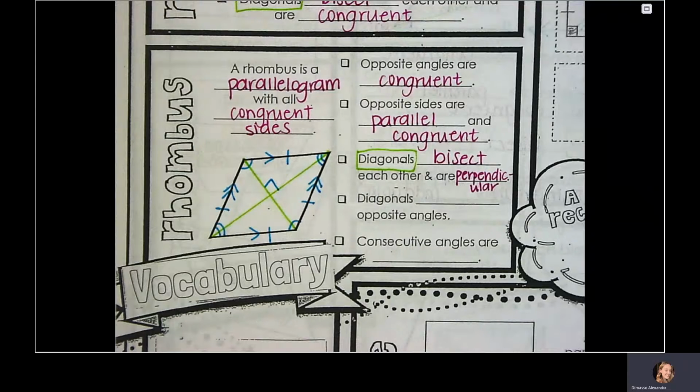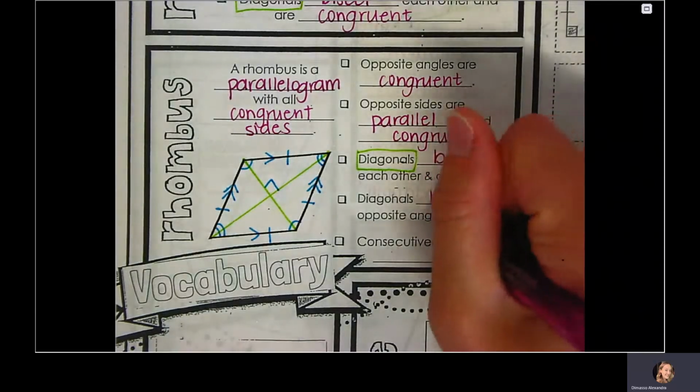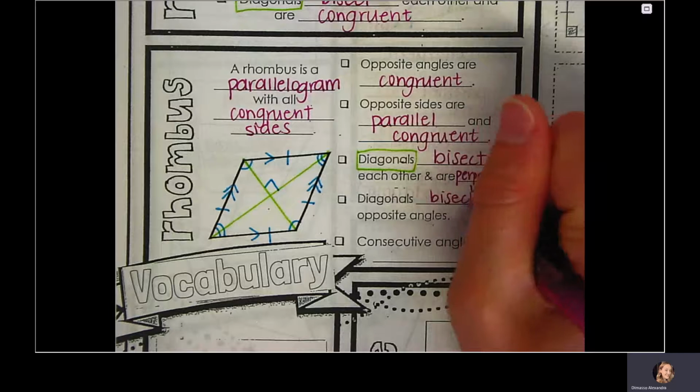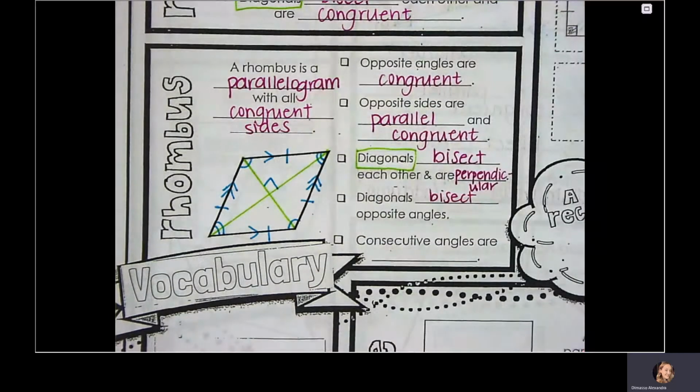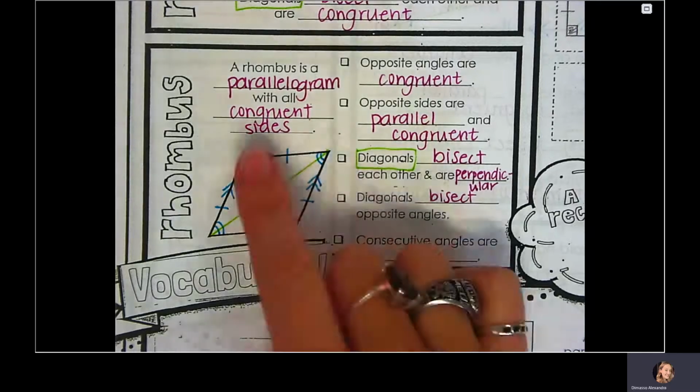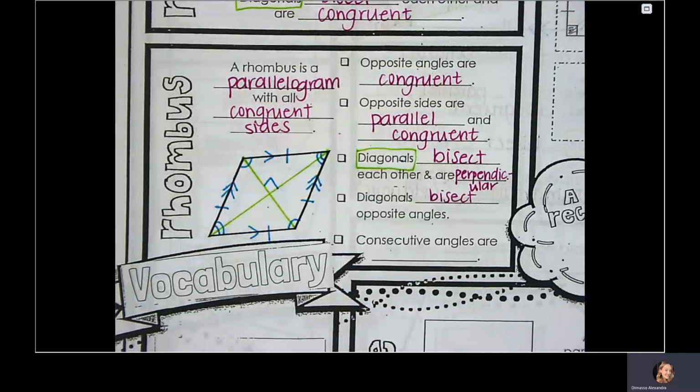All right, so my diagonals bisect each other. They are perpendicular, and they also bisect opposite angles. So not only do they cut the segment itself in half, they also cut these angles in half as well.